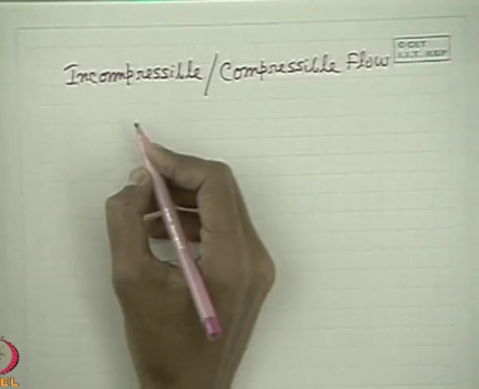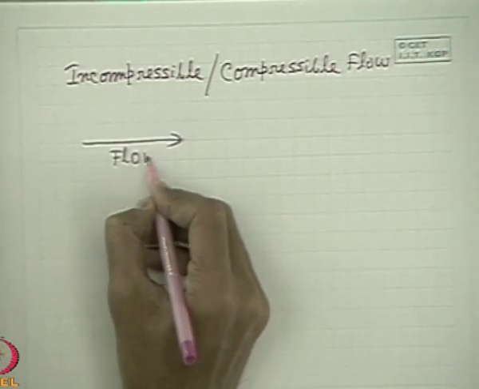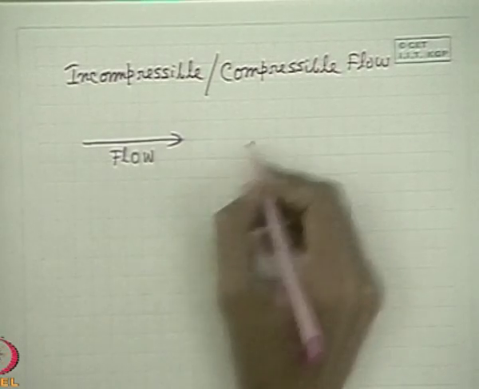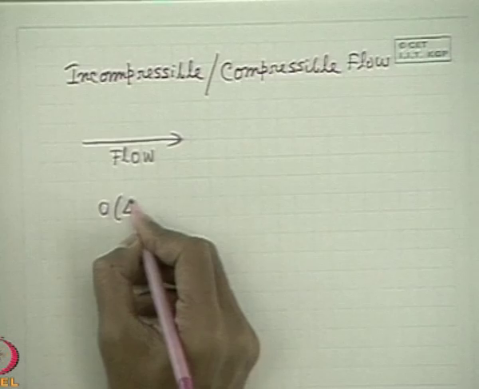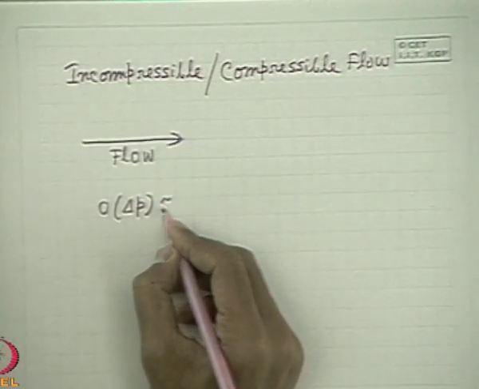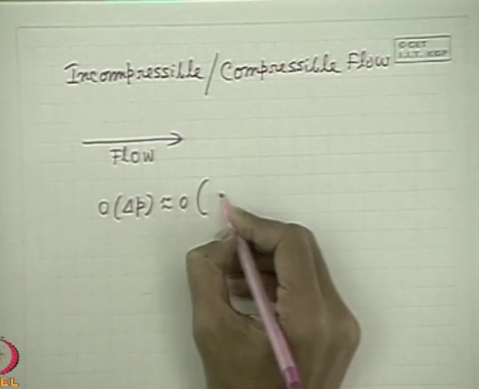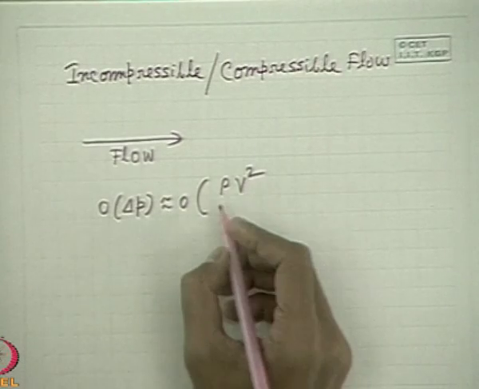Now, in any flow, at the present moment, this will be discussed again afterwards, you will have to just accept it. The order of delta P, the pressure difference caused in any flow, is equal to the order of rho V square by 2, where V is the characteristic velocity of flow.